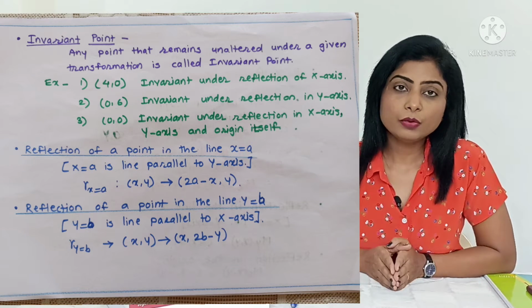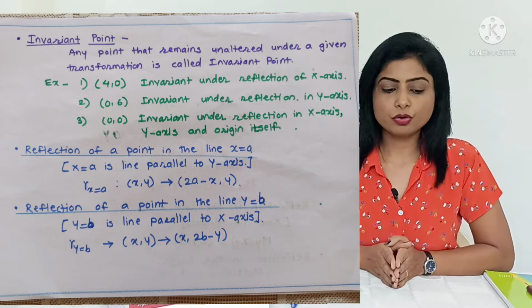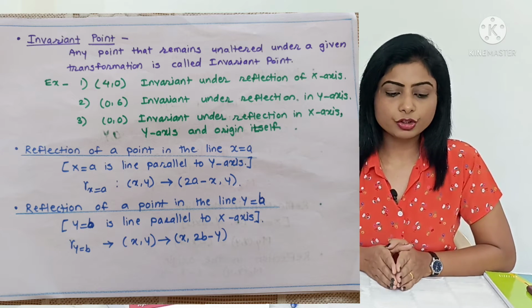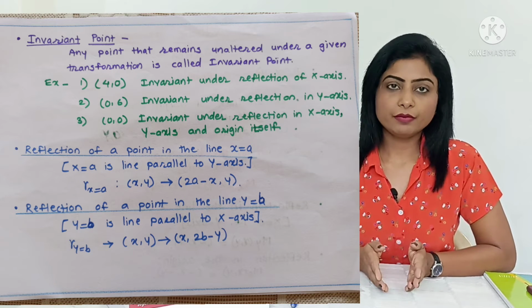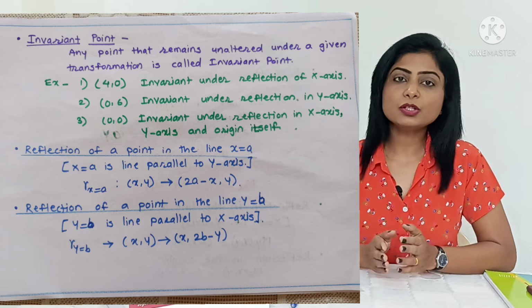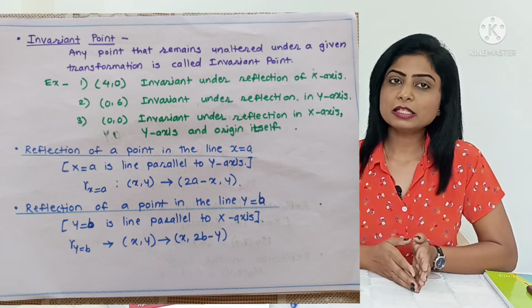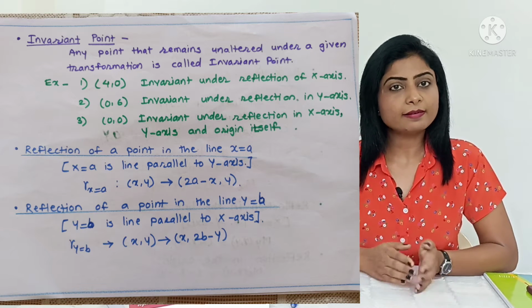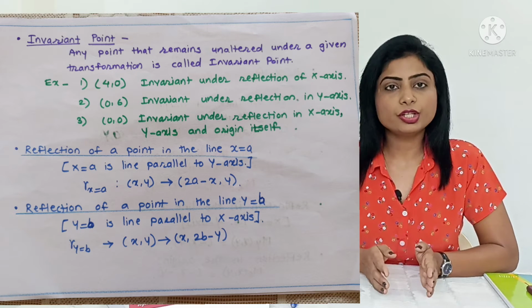So the next term is invariant point. Let us go through the definition of it. Any point that remains unaltered under a given reflection or transformation is called an invariant point. Suppose the point is (4, 0), that means y coordinate is 0 and x is 4. The point is lying on the x axis. So whenever the reflection is in the x axis, it will be unaltered, it will not change its position.